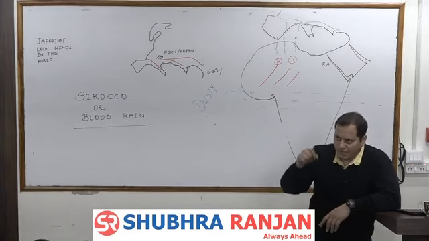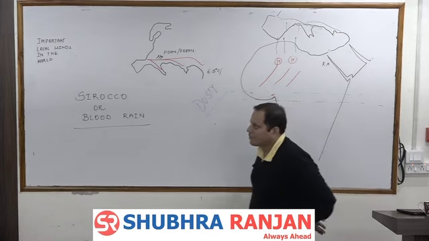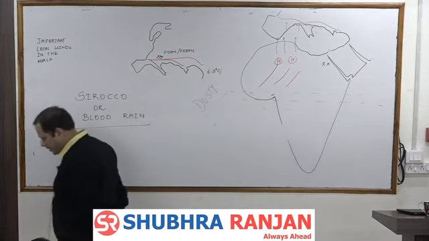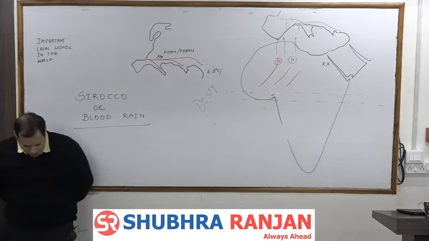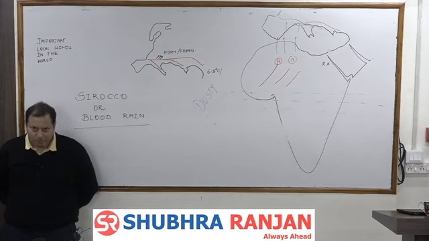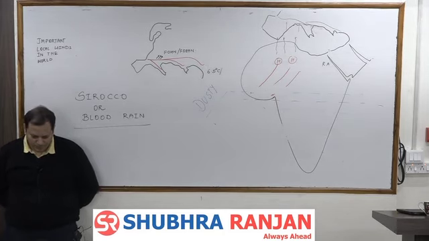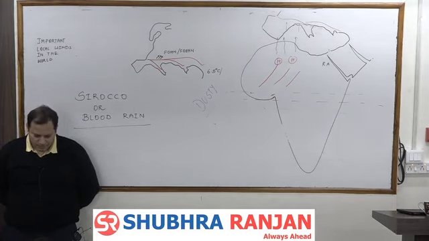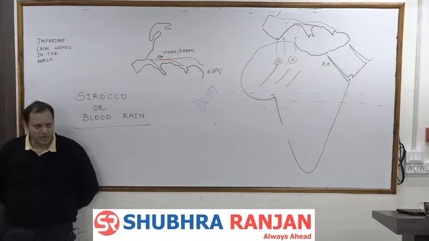Next point, while crossing over the Mediterranean Sea, these winds pick up moisture and give rainfall. Initially, how did they originate? Dry. Then they have picked up moisture.